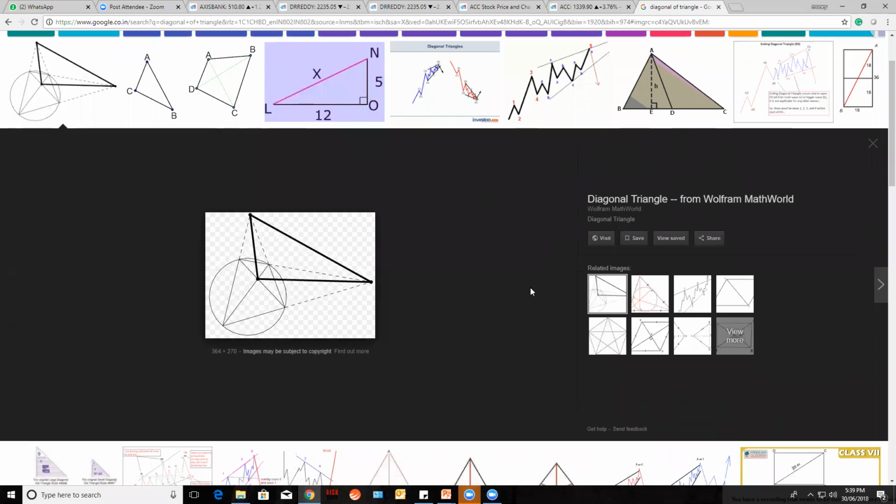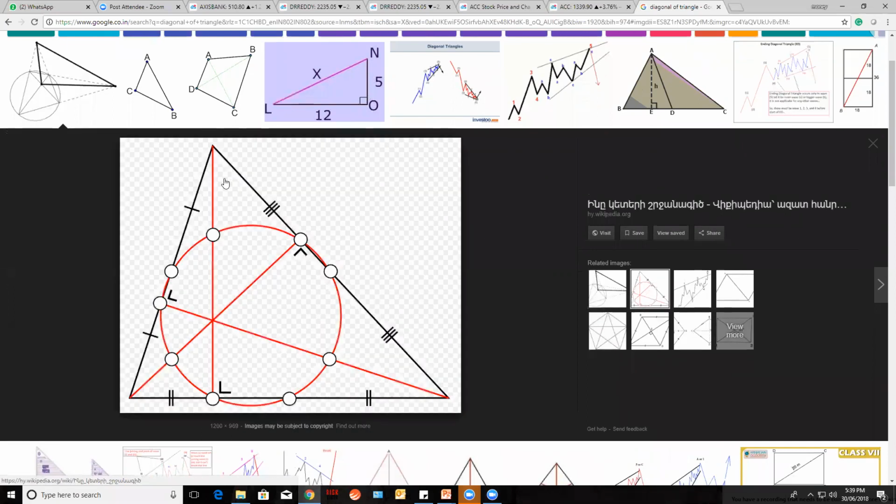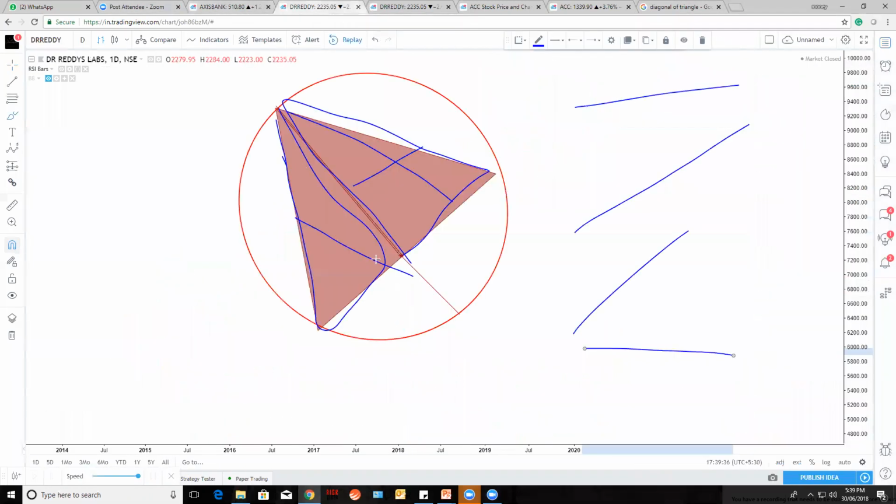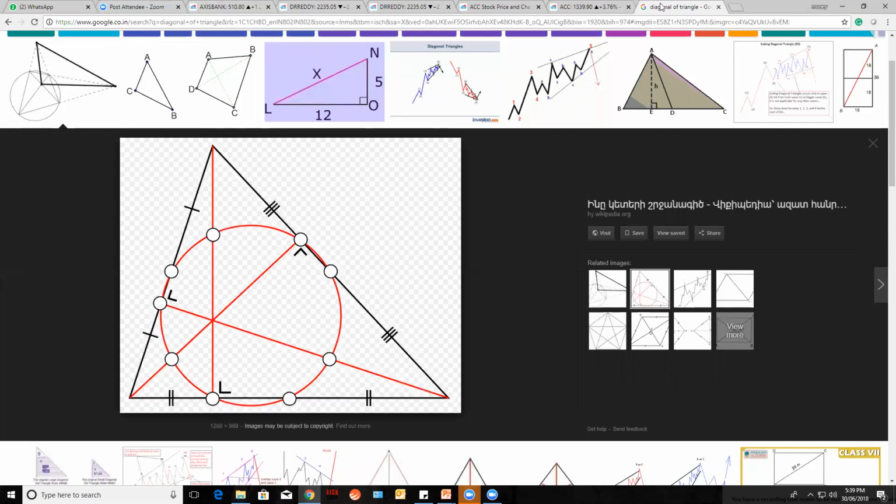See, any piece of this, this piece, this piece, or this piece, this is a diagonal, and this is a diagonal, every piece is a diagonal. Actually, the circle needs to be inside the triangle.